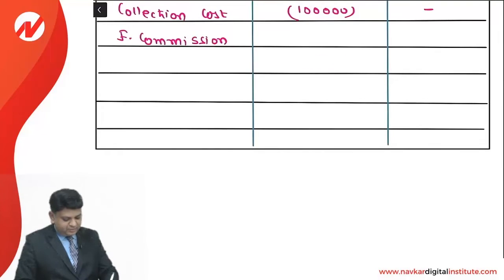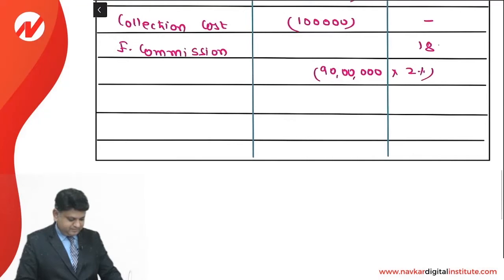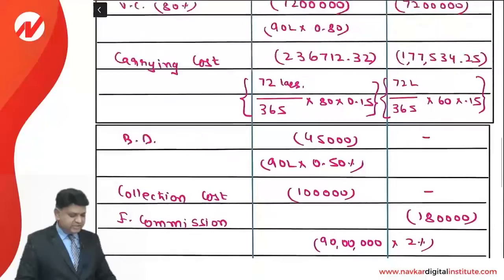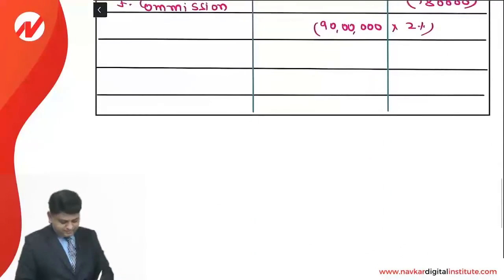That is the way we will compute the factoring commission. It is 1,80,000. All these expenses will be deducted from the revenue to compute the profit or loss.